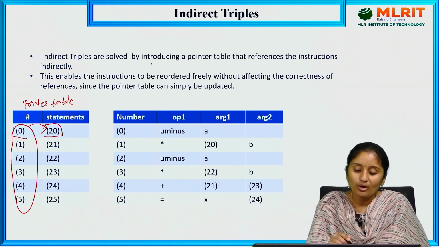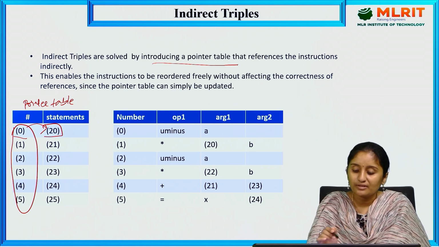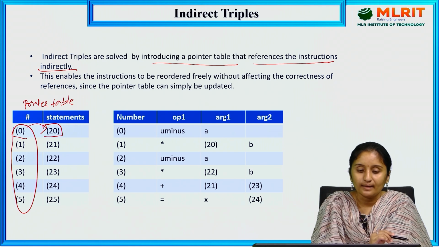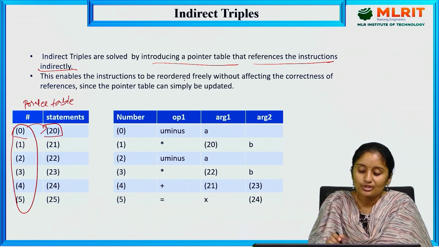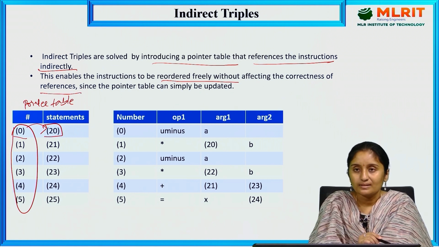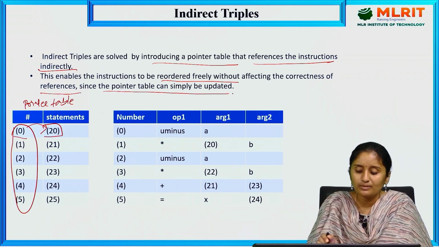Indirect triples are solved by using a pointer table, by introducing a pointer table that references the instructions indirectly. This enables the instructions to be reordered freely without affecting the references, since the pointer tables can simply be updated.